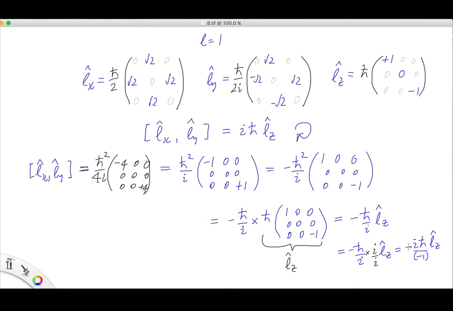The minus 1 and the 1 cancel out and I get, as expected, i h bar Lz, which proves the commutation property that Lx, Ly, the commutator, is given by i h bar Lz for these matrices for L equals 1. And this can be easily verified for matrices with L is 2, L is 3, and so on.